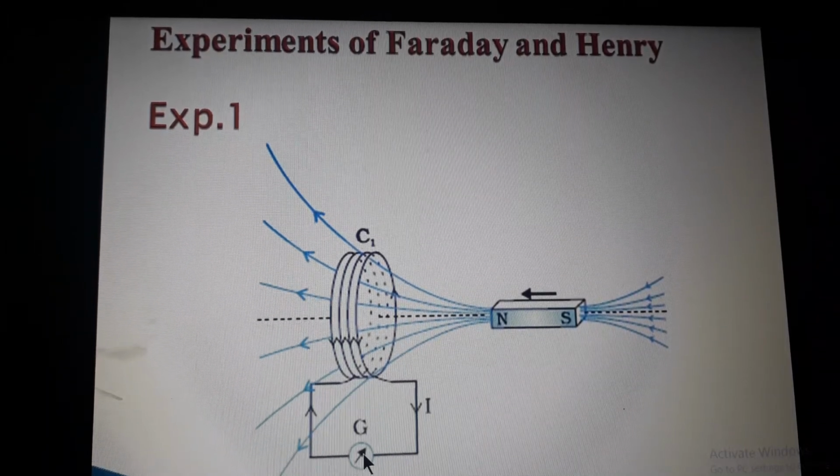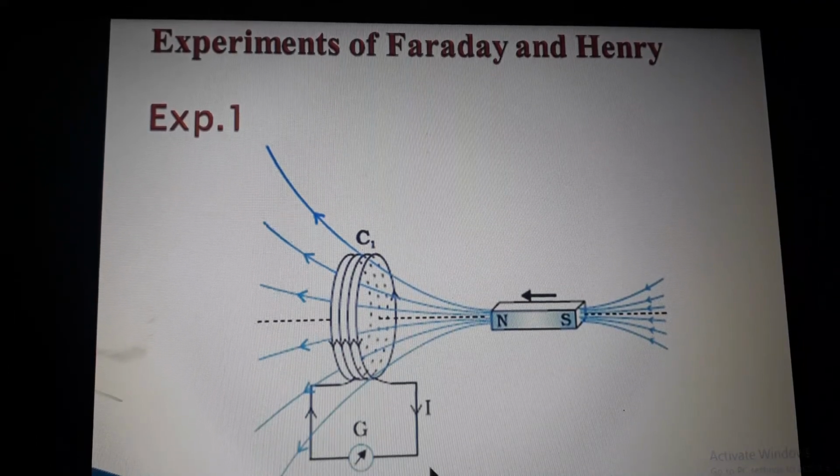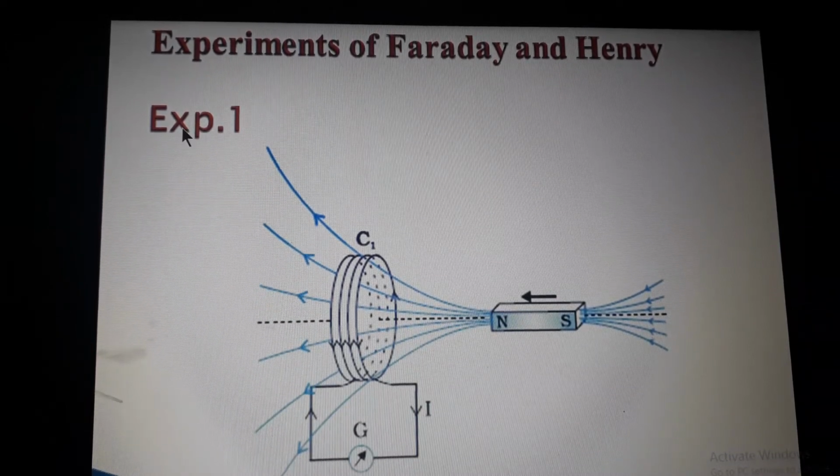But the difference is that when the bar magnet moves towards the coil, the galvanometer deflects in the positive direction. If it is moved away from the coil, the galvanometer deflects in the negative direction. So this is the difference. This is experiment number 1.